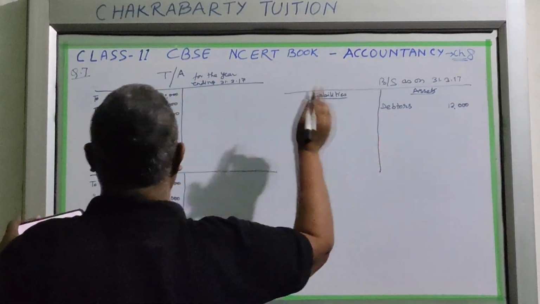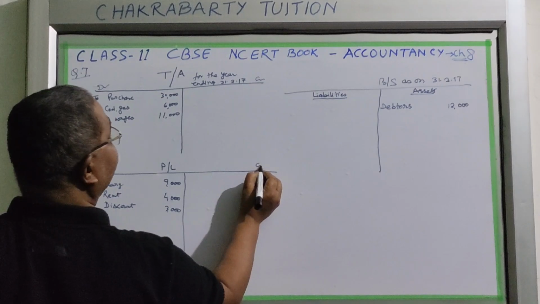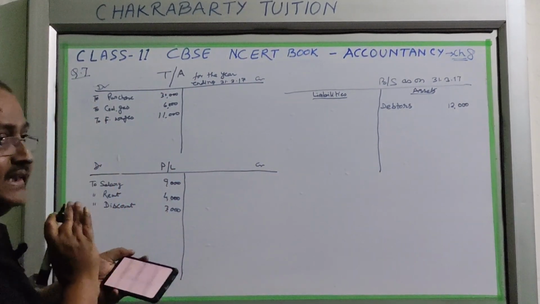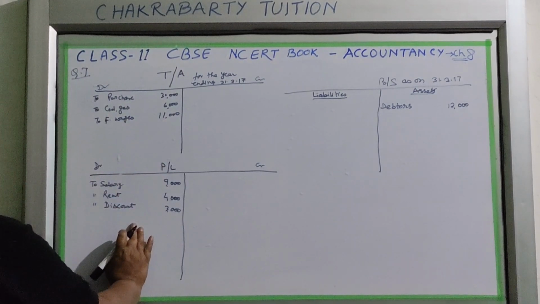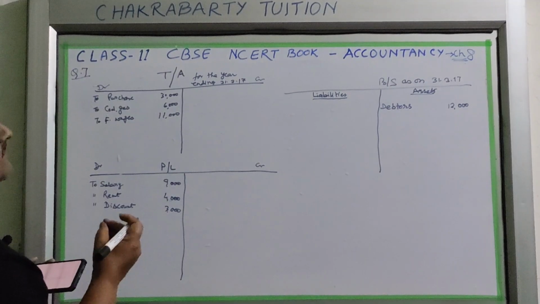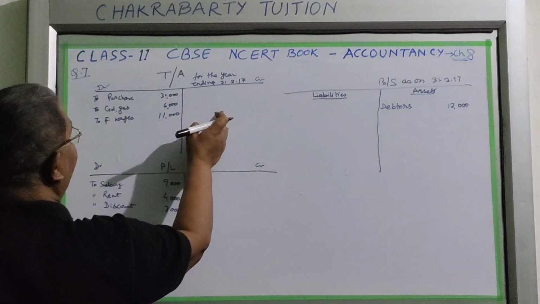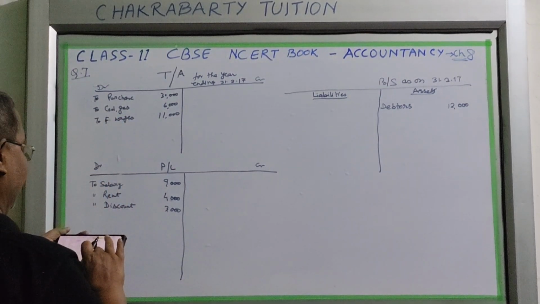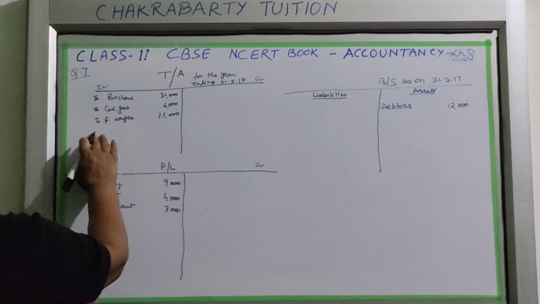And remember, whatever items are on the debit side of the trial balance will come either here, here or here. This is the debit side and this is your credit side. Only these will come. If you want to change the side, suppose sales return is on the debit side of the trial balance, you will not write it here.